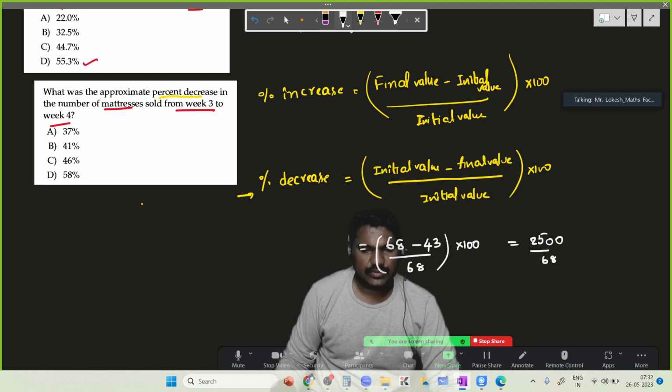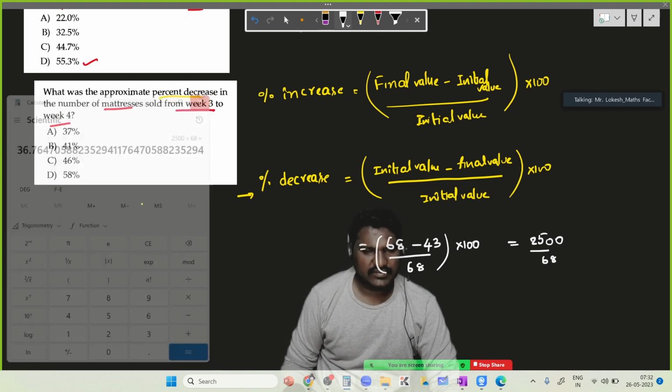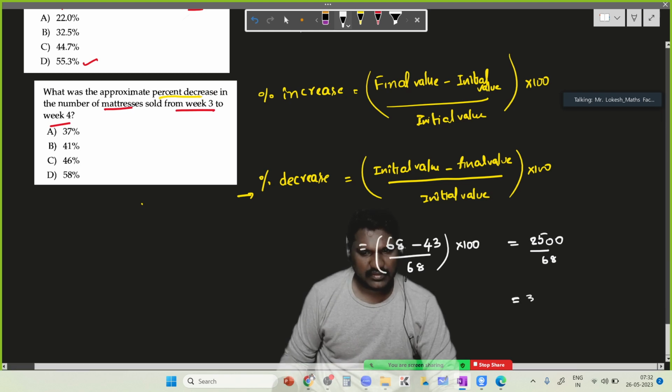I think it is approximately near 40%, but let me check. 2500 divided by 68 is 36.76%. That means 37% is the answer, so option A.